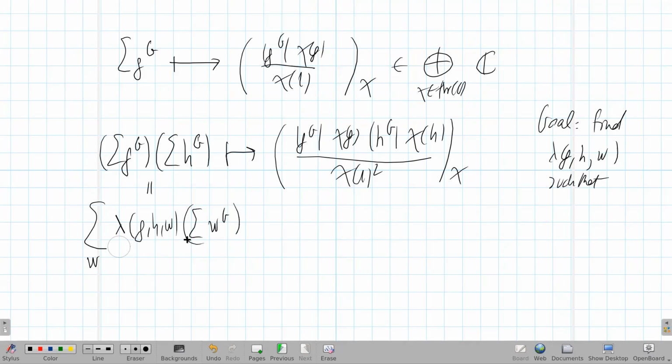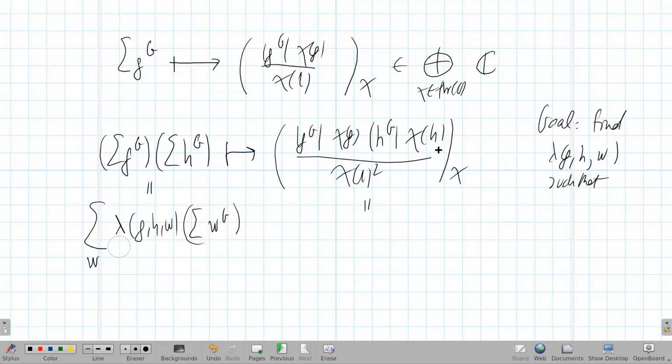We want to find the coefficients that tell you how many times the conjugacy class of an element w appears in this product. But this being an isomorphism, it is the same thing to look at the right-hand side, these being integers, so they stay the same.